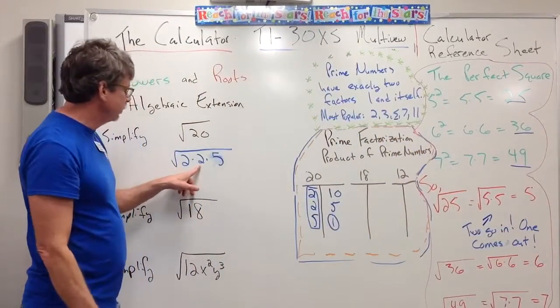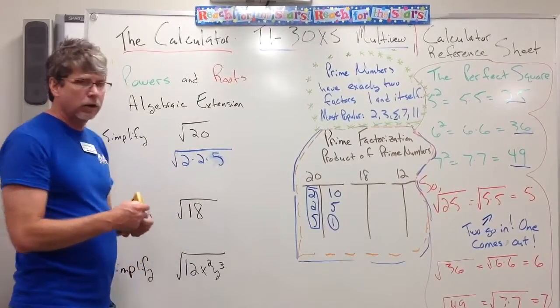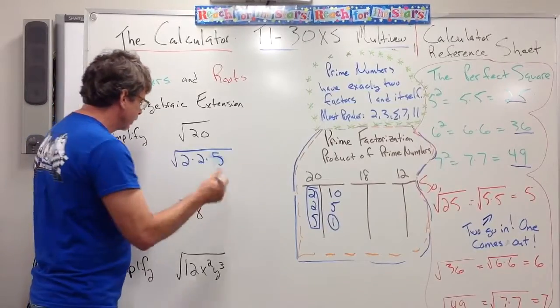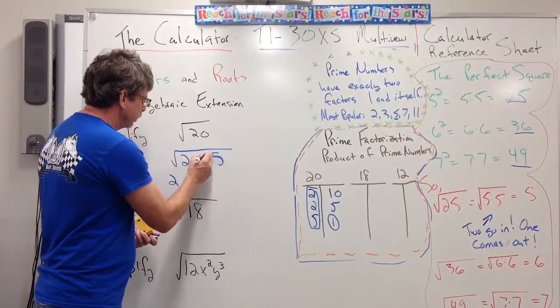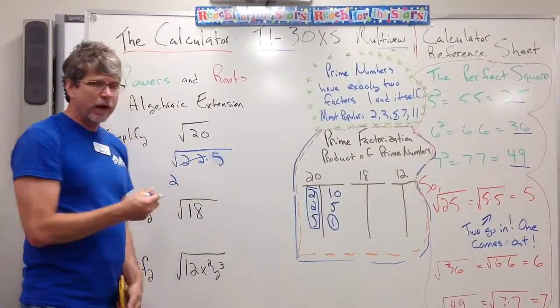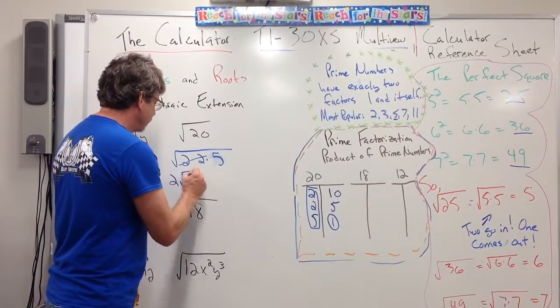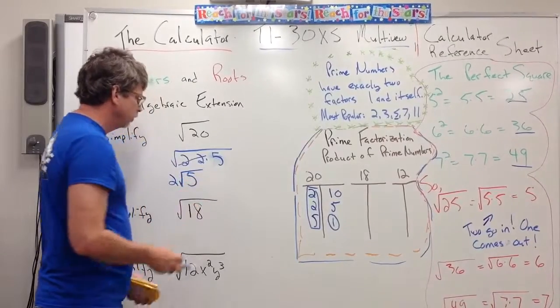Notice there are two 2s here. Since there are two 2s inside, I'm only going to bring one 2 out. So 2 comes out, and they're gone. But notice this 5 doesn't have a partner, so it stays in there. It remains inside the square root symbol. So it gives me 2 times the square root of 5.